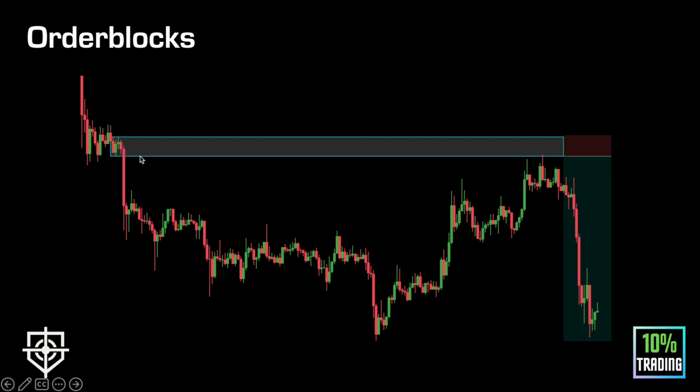No. These imbalances are usually a sign of intervention, that someone has stepped in and manually injected liquidity into the market, and therefore we've created this imbalance that will then need to be rebalanced, right?